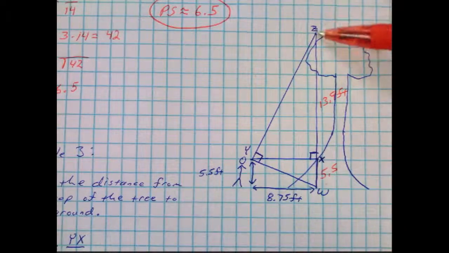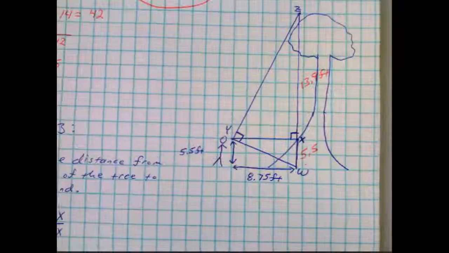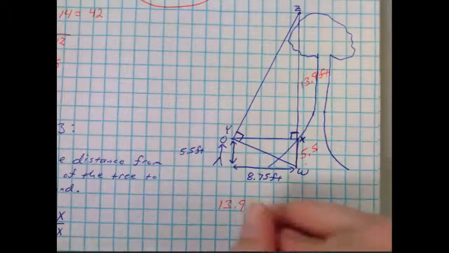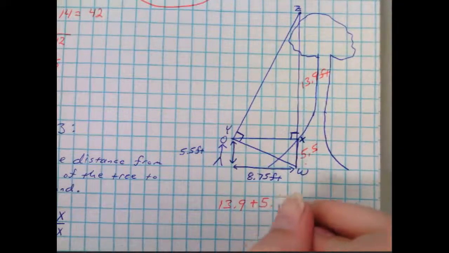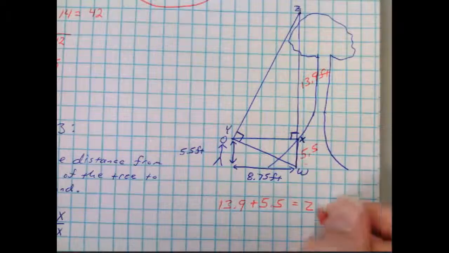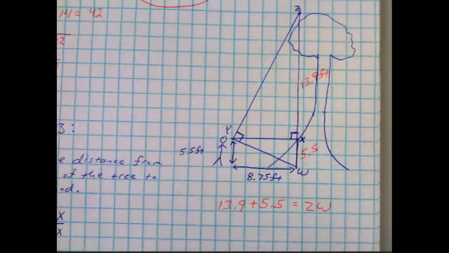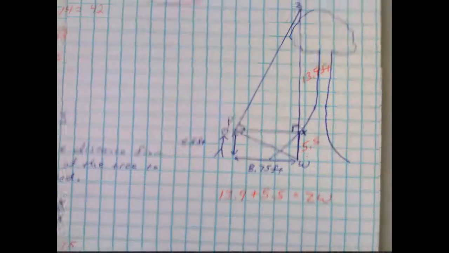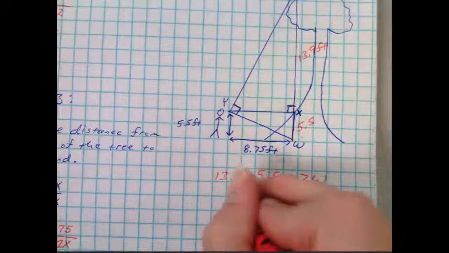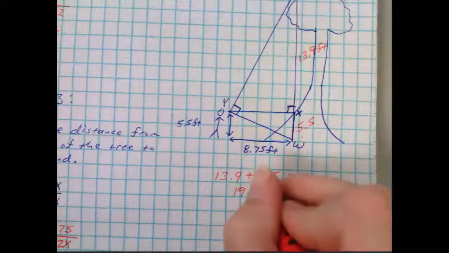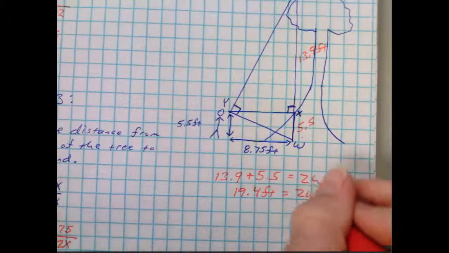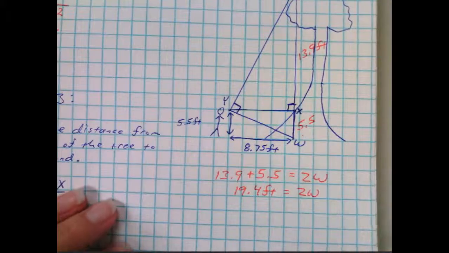To find the distance all the way to the ground, I'm going to take my 13.9 plus my 5.5, and that's going to give me ZW. I add those together, and I get 19.4 feet. And that is my ZW.